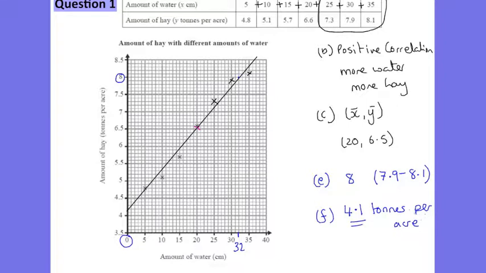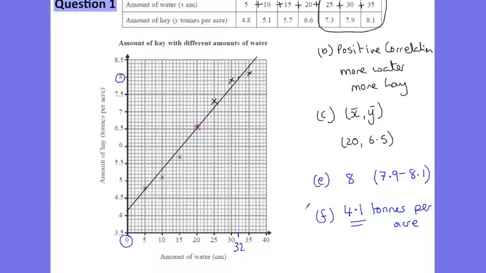This is the amount of hay produced with no water. No water, the line suggests that we can have 4.1 tonnes per acre. How is that? Why is it growing? Maybe this is only to do with rainwater falling, rather than water being fed to or applied to the hay.